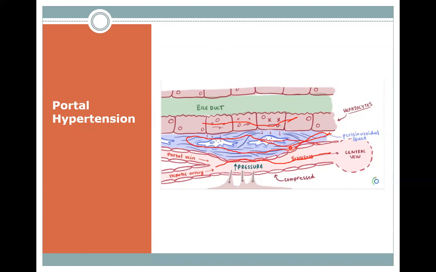One of the main areas of fibrosis that is very important for the pathophysiology of liver cirrhosis and portal hypertension is the area beneath both the hepatic sinusoids and the hepatic cords. This area here, the area between the two.